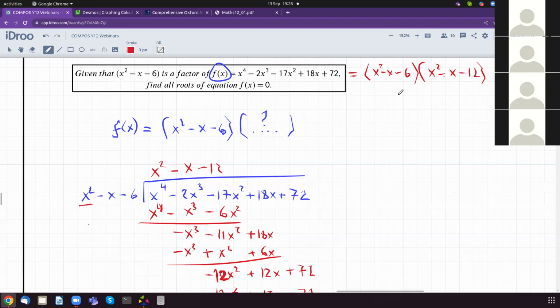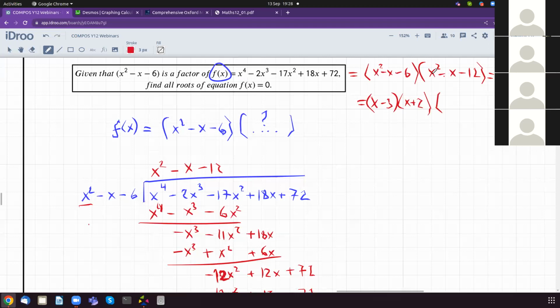And we can factorize this further. Can we factorize this? Minus 3 plus 2, yeah, x minus 3, x plus 2. Does it work? It does.